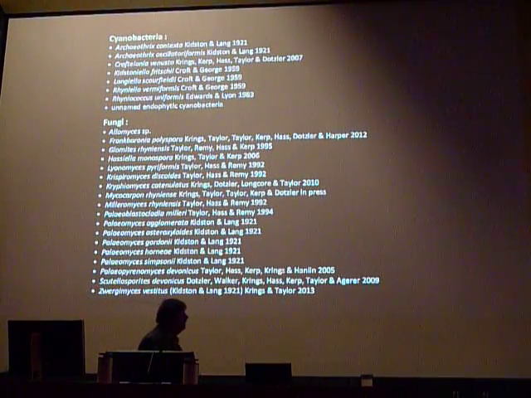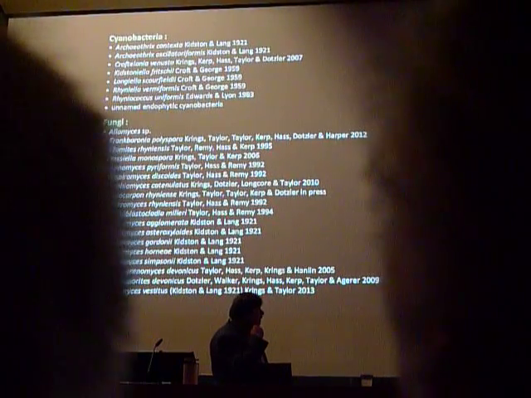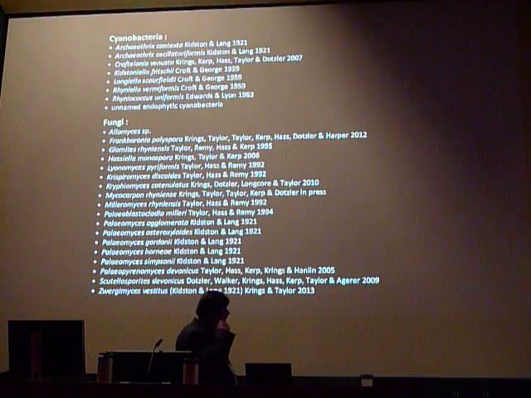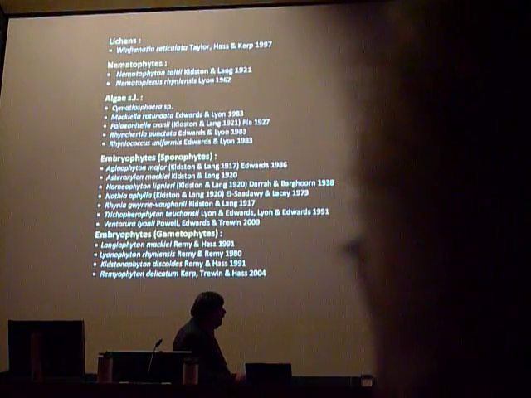These are just fungi in particular plants. But in the last decades, we've been able to describe a number of fungi of which we have reproductive structures, so we can classify them accordingly.